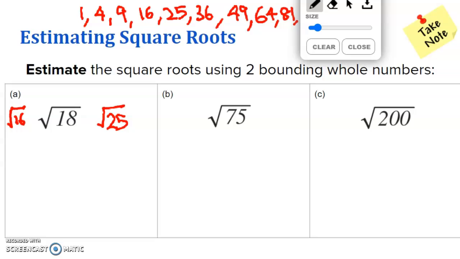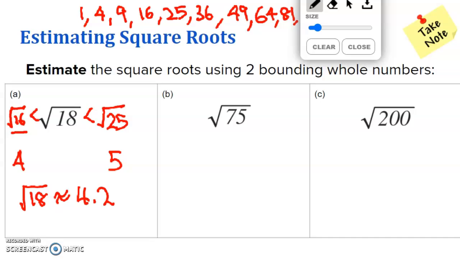That means the square root has to be somewhere in between square root of 16 and square root of 25, and I would say 18 is closer to 16, so it is closer to 4. I know that square root of 16 is 4, square root of 25 is 5, so my guess is square root of 18 will be approximately, I don't know, maybe 4.2.